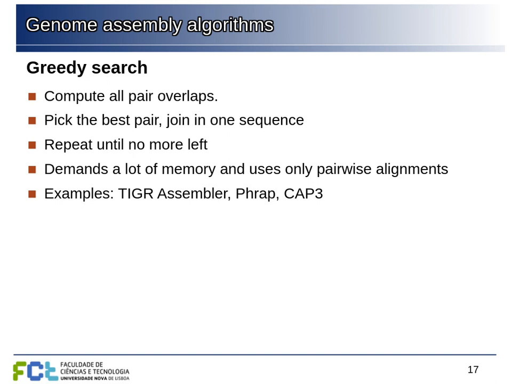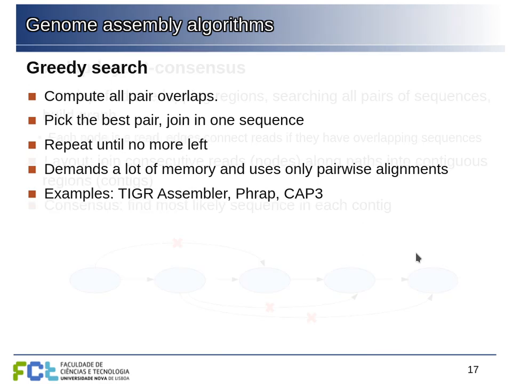So if you have 1 million fragments, you need to do 1 million times 1 million alignments to get all the pair overlaps, but also because it is a bit sensitive to errors in the beginning. If you make a mistake and join the incorrect ones, then this never goes back and is never able to fix that problem.